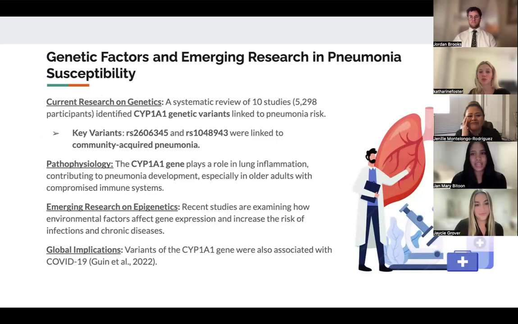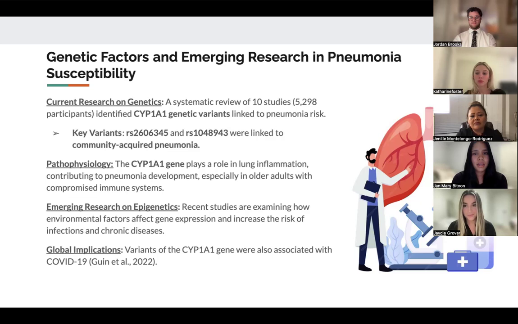Hi, my name is Jan, and I'll be going over some research I found on pneumonia and the factors that may influence people's risk. There's a lot of new research on genetics and how certain genetic factors can increase our risk for certain diseases. One particular article reviewed numerous studies and found a positive correlation between specific variations in the CYP1A1 gene and an increased risk of pneumonia.